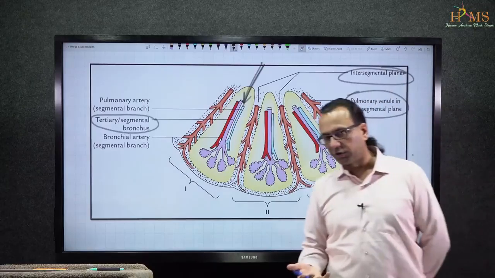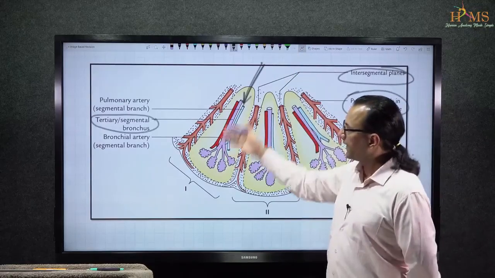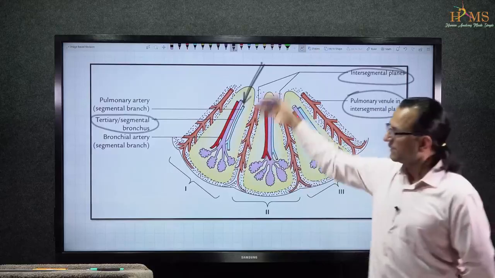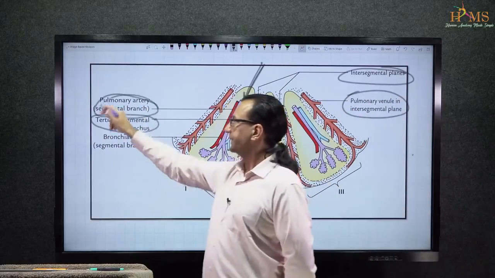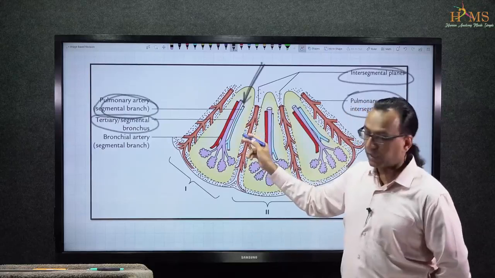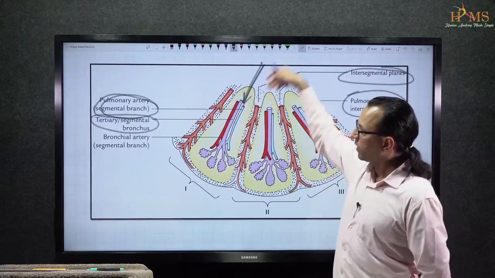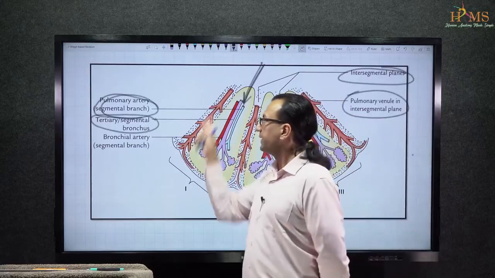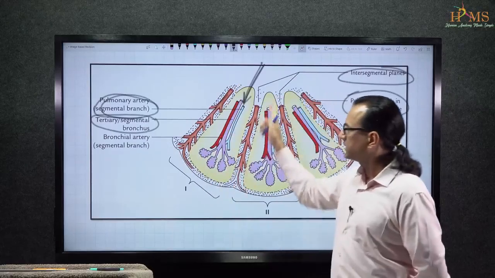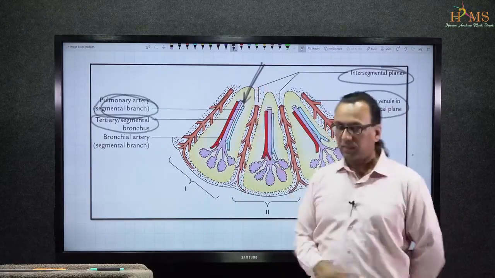Then who brings the deoxygenated blood? The deoxygenated blood is brought from the heart into the lung by what is called the pulmonary artery. So it is shown in blue color. Now blue color artery, pulmonary artery, brings the deoxygenated blood and it will be oxygenated and then carried back by the pulmonary veins, which are intersegmental in nature.